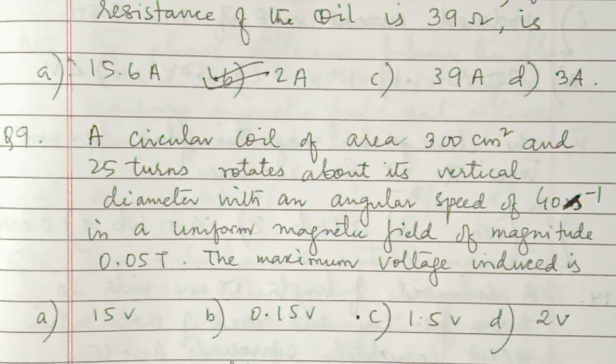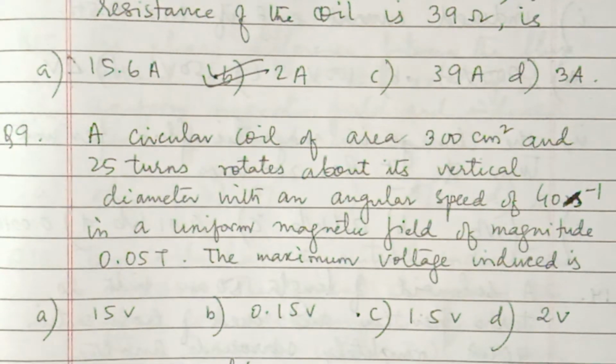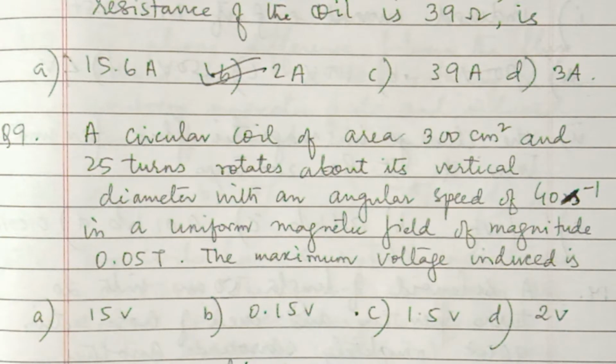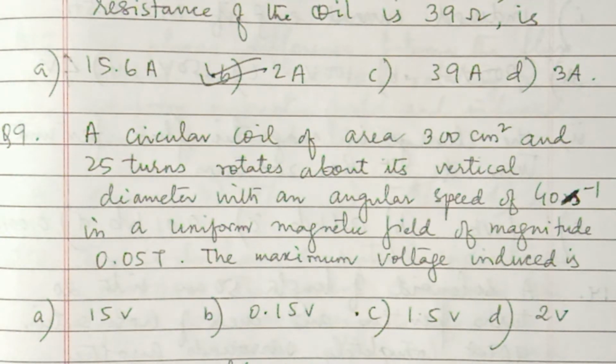A circular coil of area 300 centimeter square and 25 turns rotates about its vertical diameter with an angular speed of 40 per second in a uniform magnetic field of magnitude 0.05 Tesla. The maximum voltage induced is 15 volt, 0.15, 1.5 and 2 volt.